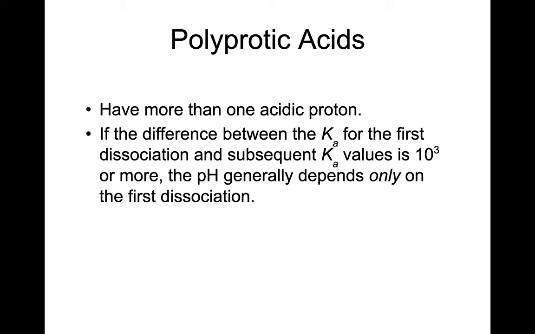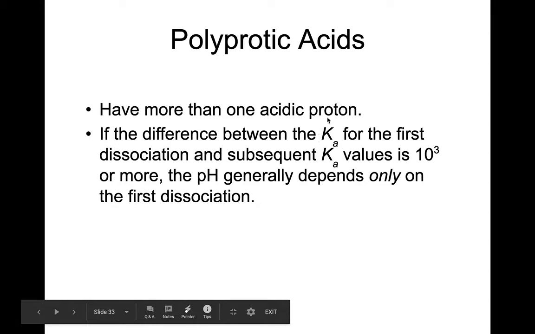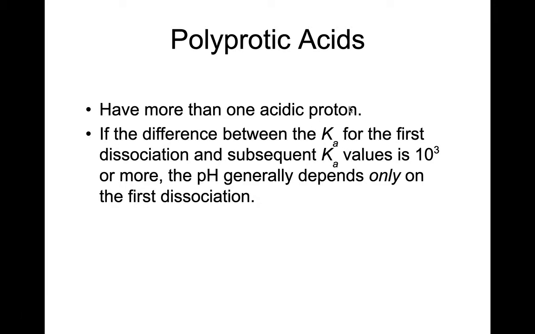So there'll be an acid dissociation constant for the first dissociation, so what percentage, what ratio of single hydrogen atoms dissociate, and then a second or sometimes even third dissociation constant for the next dissociation.